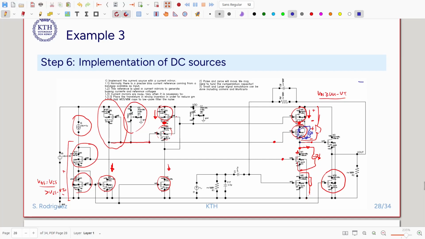So we can say that in a cascode device, this current comes back like this. So they are canceling both at the source and at the drain, so there is really no effect on the output node.